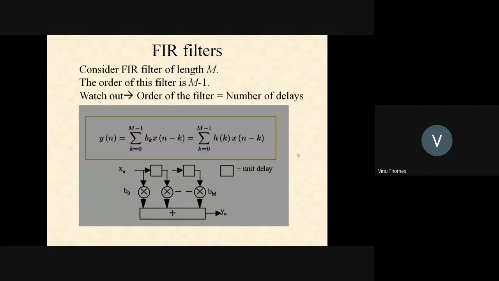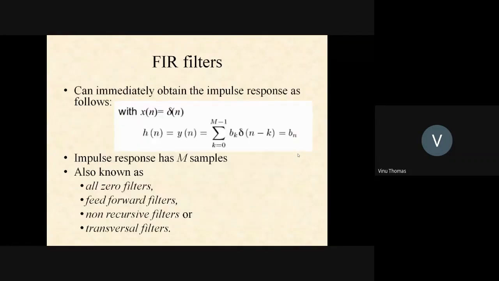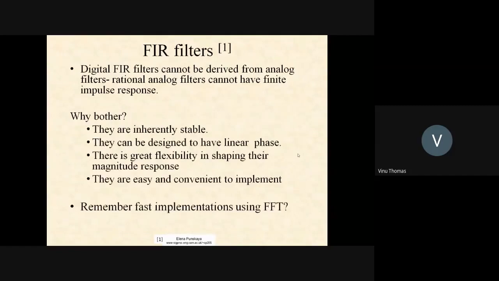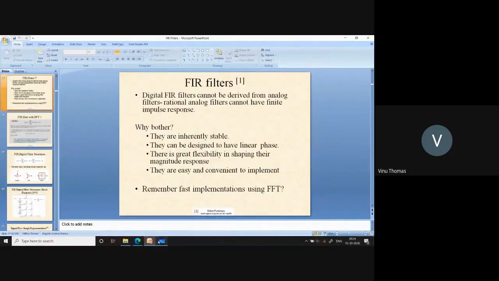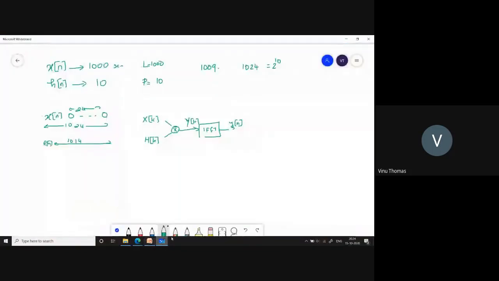So maybe in such cases, implementing it directly using a convolution operator could be easier than doing the FFT. But if the length of the filter is large, then maybe you can try FFT. However, now let us look at why these are inherently stable.